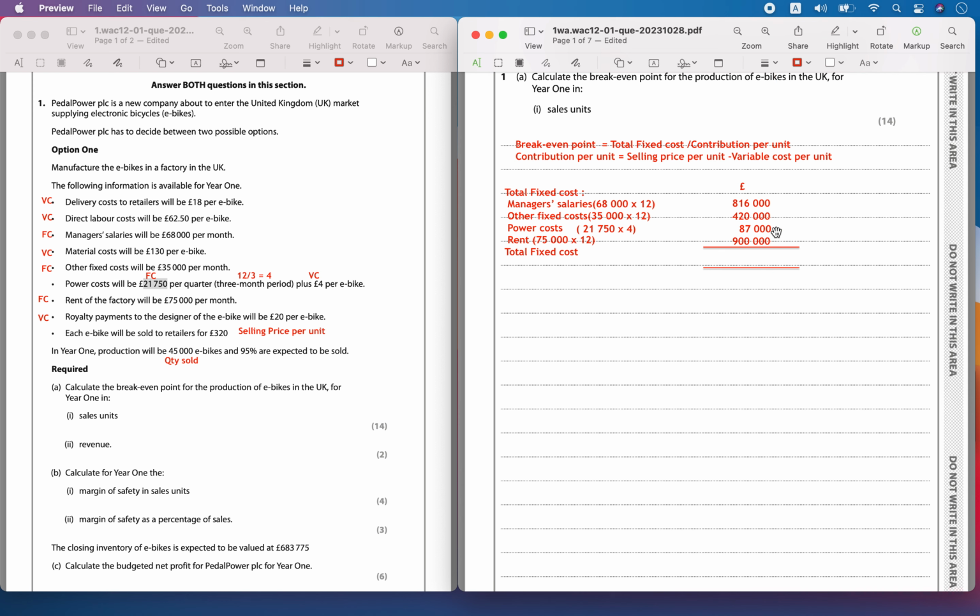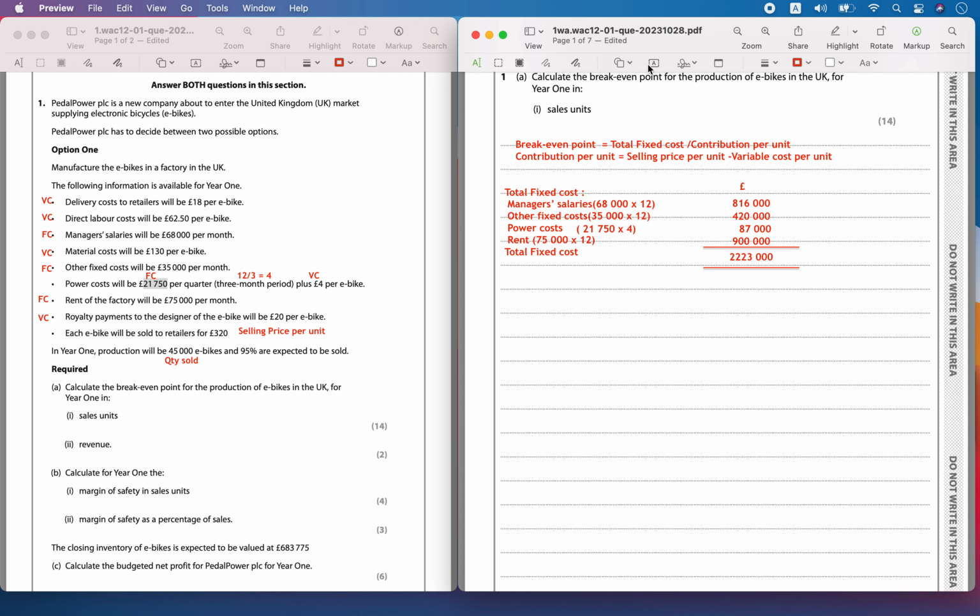When you add up 816 plus 420 plus 87 plus 900, it is equal to 2,223,000. So this is the total fixed cost.